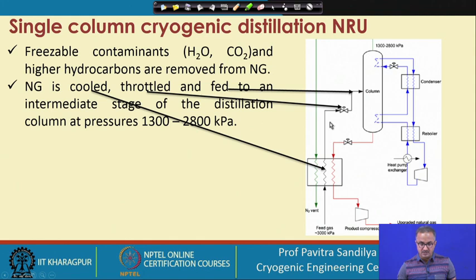Then this natural gas is cooled by the outcoming cold nitrogen and also the bottom liquid which is coming from the column.